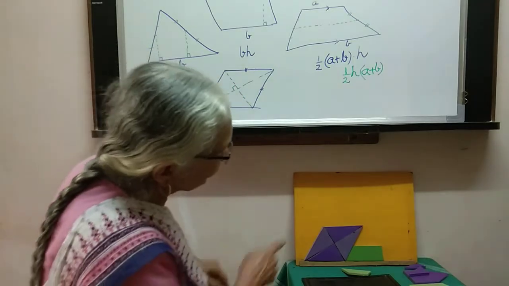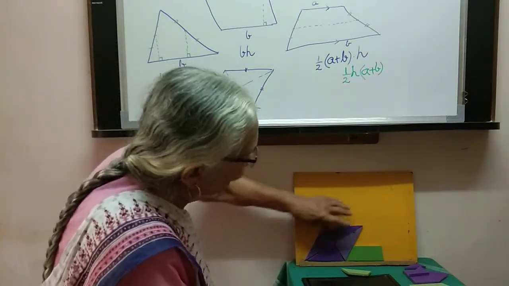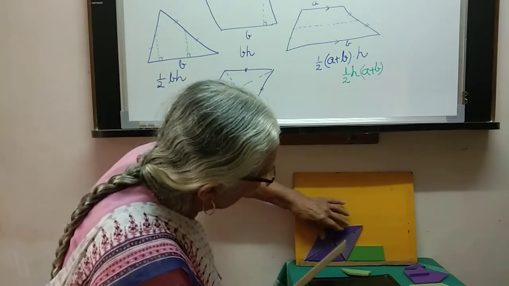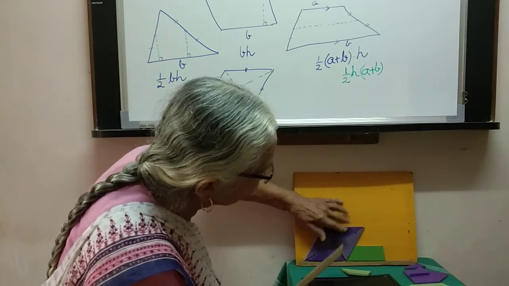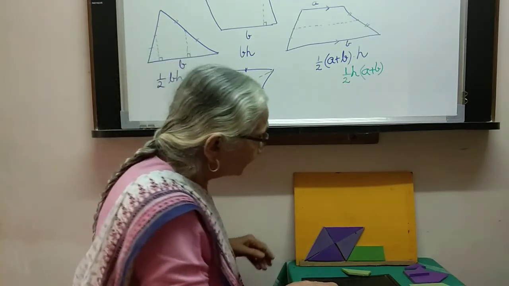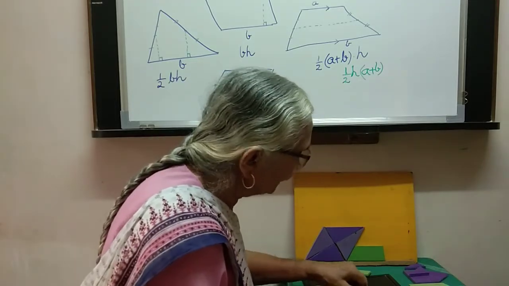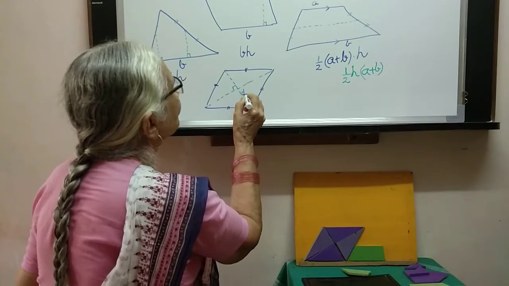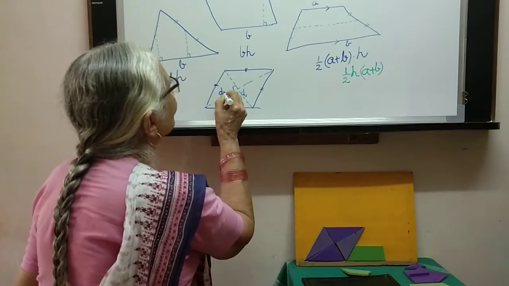The two diagonals, you may not be able to see directly, but here is one diagonal and here is the other diagonal. They are both bisected at right angles. And normally we call this B1. The small one is B1, the bigger one is B2.